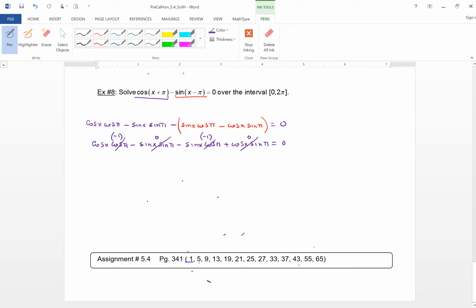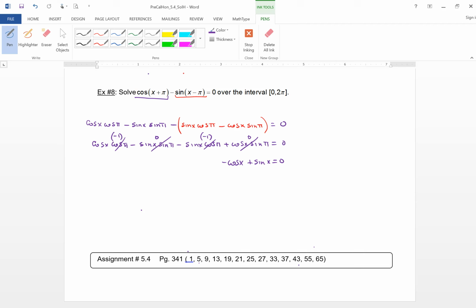So what do we got here? Negative cosine x, negative here, plus sine of x is equal to 0. Wait, what about the two negatives? How do you get two negative ones? Negative cosine of x, negative times positive, I get sine of x.